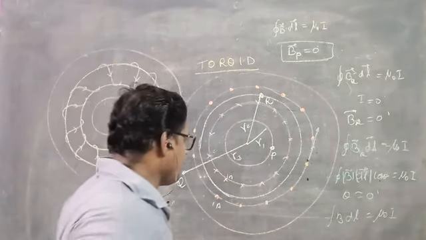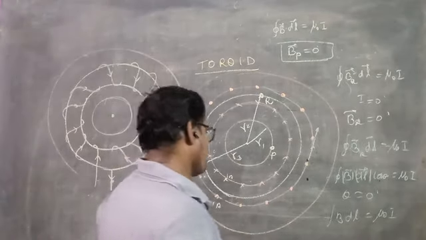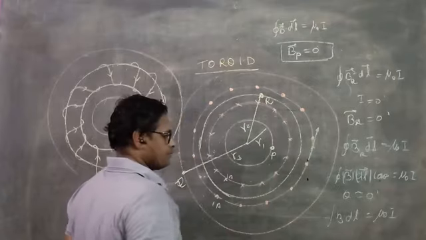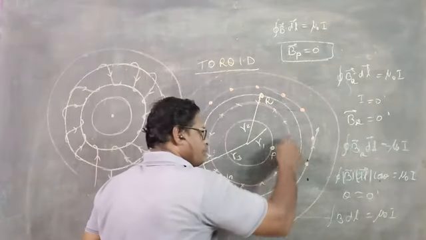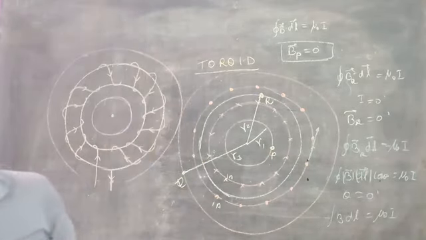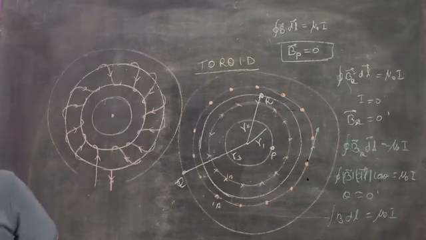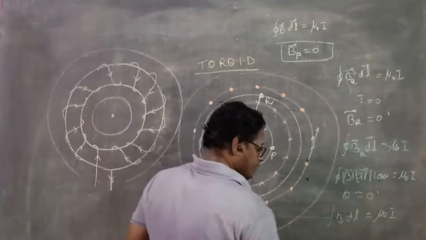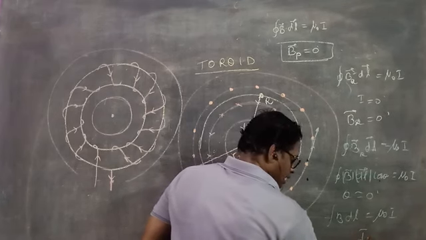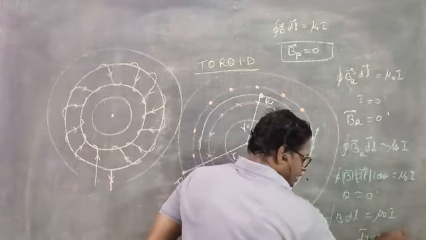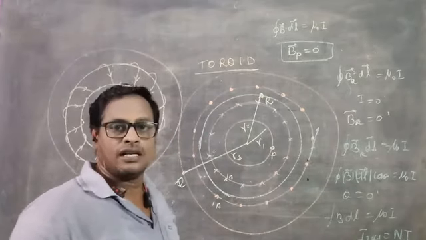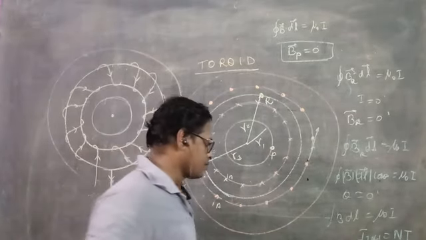Here I represents the total current. The total current means the sum of individual currents. Here 1 ampere, here 1 ampere, here 1 ampere, here 1 ampere. So n number of turns are there. So the total current you have to calculate. The total current I total is equal to n number of turns into I, the current in one loop into n number of turns.